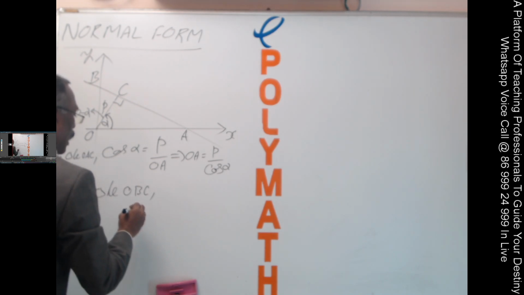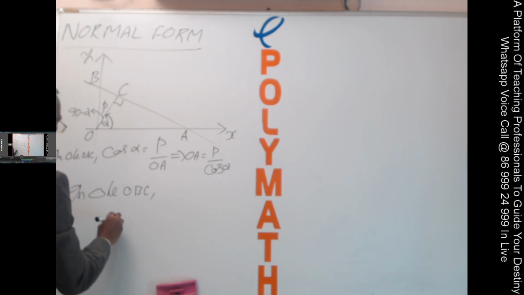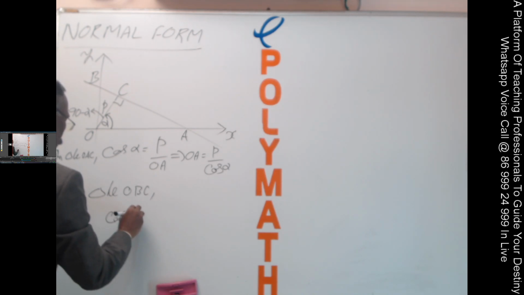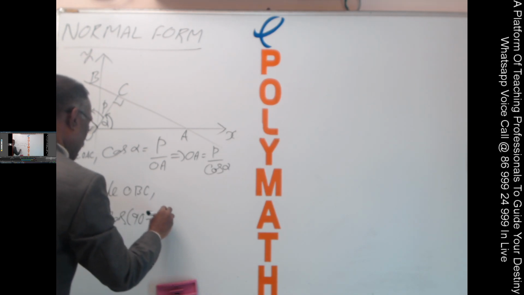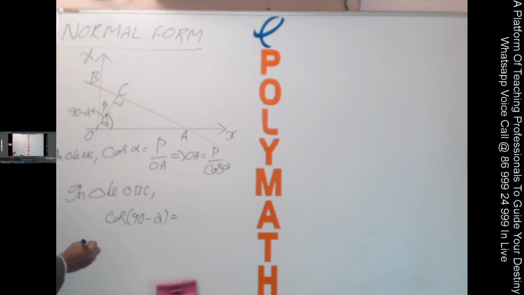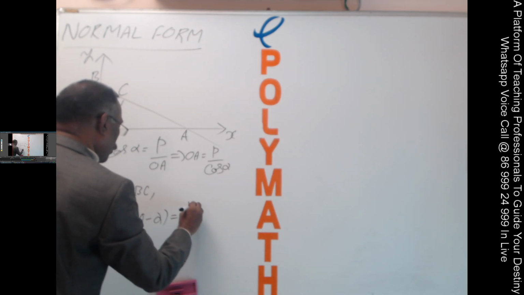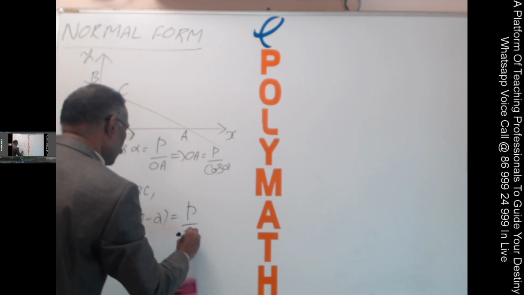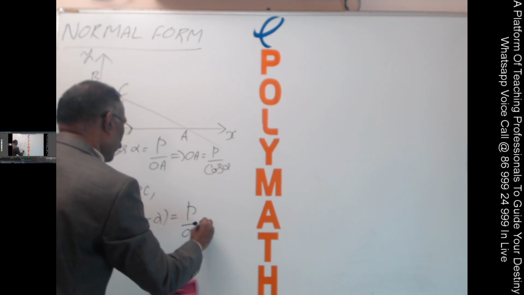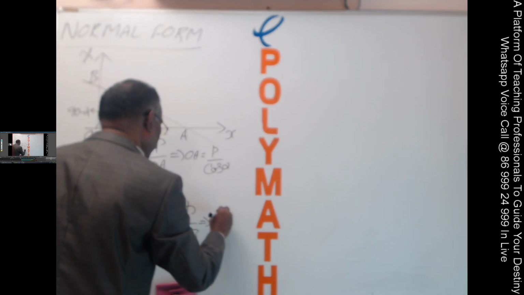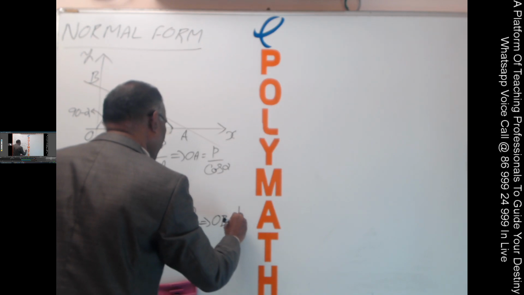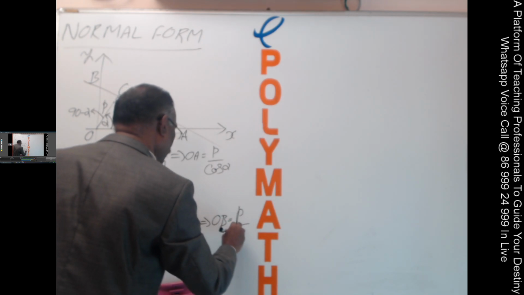Here also, apply cos of 90 minus alpha. Cos of 90 minus alpha is equal to p by OB, which implies OB is equal to p by sin alpha.